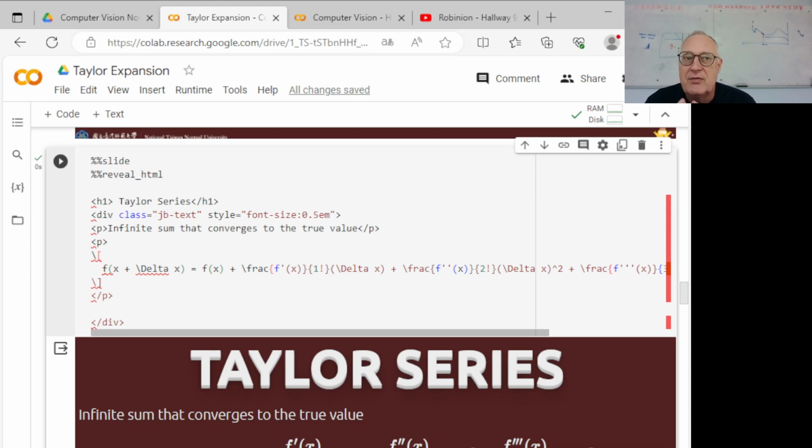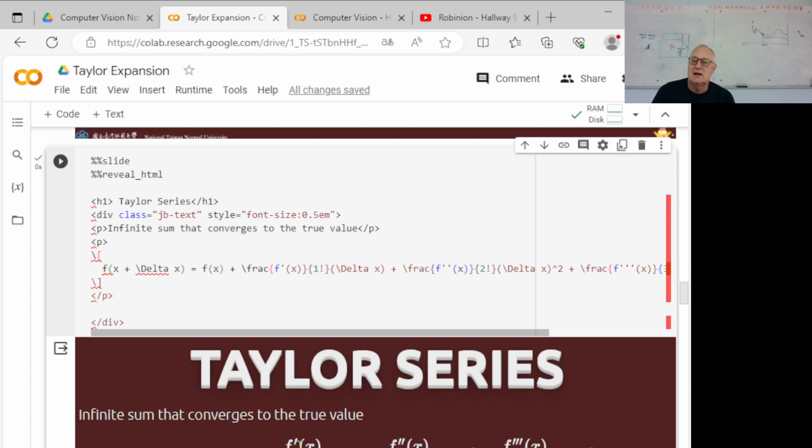But the factors increase as a factorial. So the first derivative is 1 factorial, the second derivative is 2 factorial, the third derivative is 3 factorial, and also the distances like this delta x, which is a small number, is then squared, cubed, to the power 4, 5, and so on.